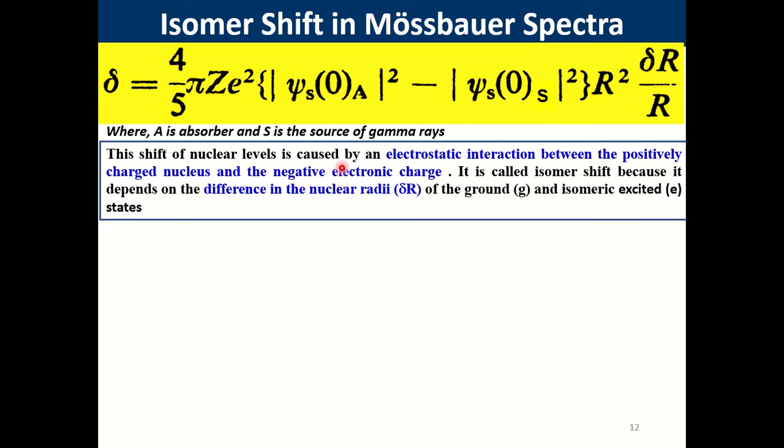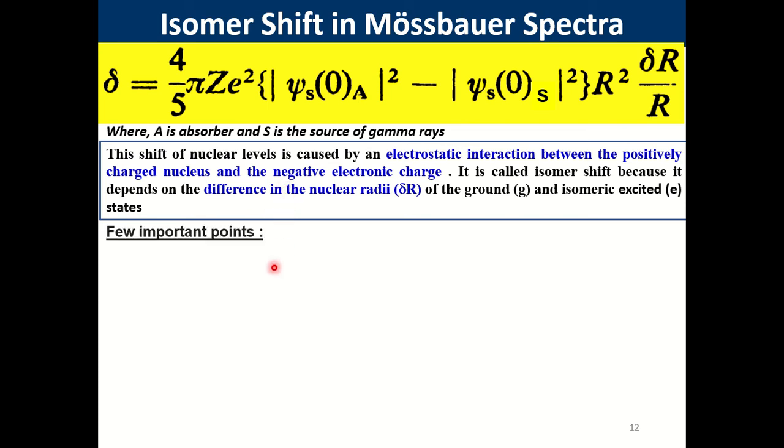So the shift of nuclear energy levels is caused by an electrostatic interaction between the positively charged nucleus and the negative electronic charge. We call it isomer shift because of the difference in the nuclear radii delta R of the ground state and the isomeric excited state. So it will depend on this difference in the nuclear radii of the excited state and the ground state, which can be taken as isomers of each other.